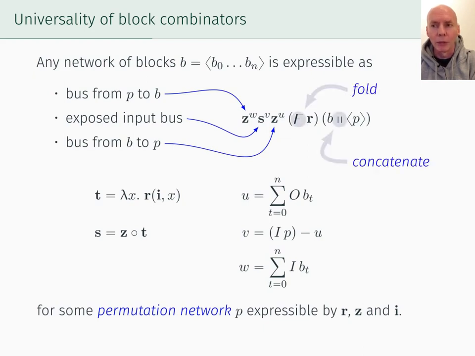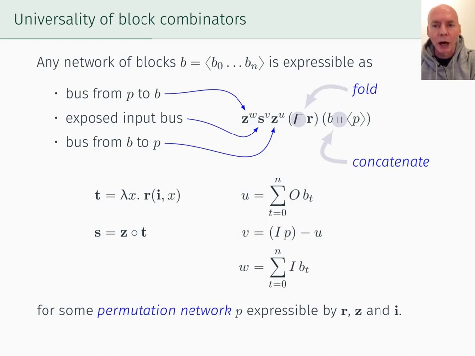Here I'm using some notation for the functional programming operators of fold and concatenate. Then you have 3 more terms necessary to express the buses shown in the figure. The bus widths are given by the summations of the arities of the blocks. This operator T, as we've seen before, is that of putting a wire in parallel with a block.